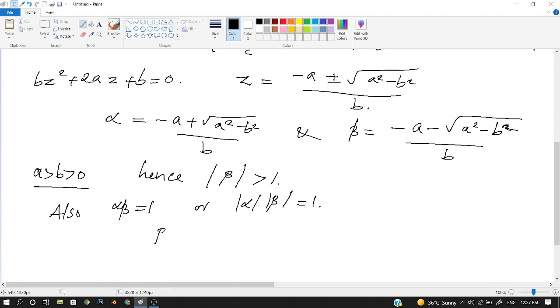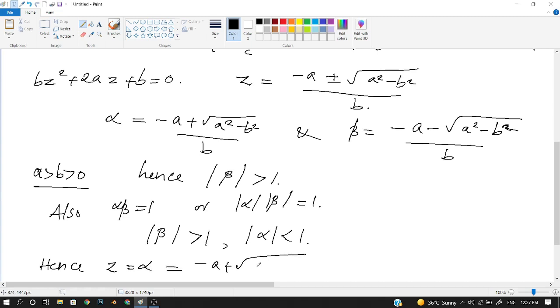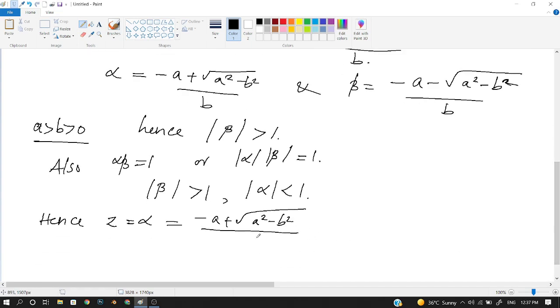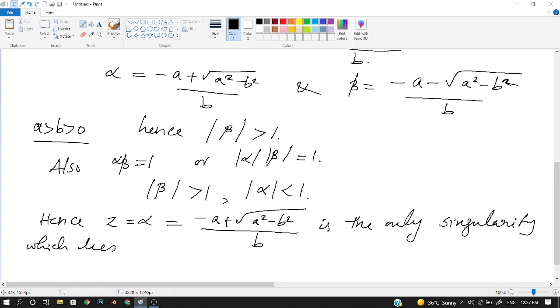Here we have modulus of beta greater than 1, and so modulus of alpha is less than 1, and hence z equal to alpha, equal to minus a plus square root of a square minus b square divided by b, is the only singularity which lies within C. C is the unit circle.